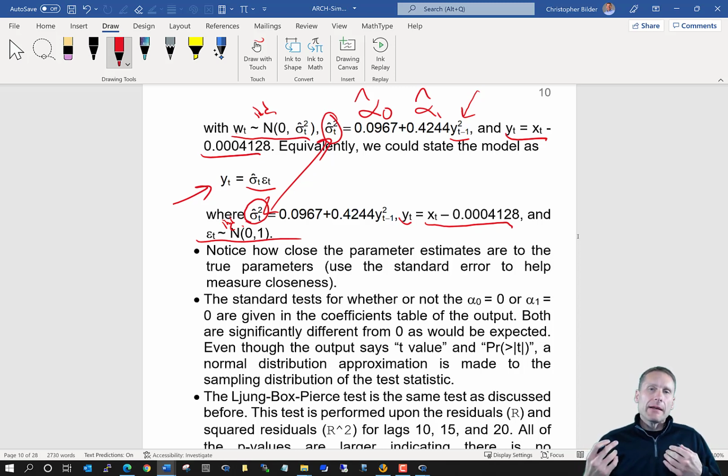Okay. Now look how close these parameter estimates are to what we used to simulate the data. Alpha 0 was 0.1, alpha 1 was 0.4. And if you take into account the standard errors, you could even do a confidence interval for alpha 0 and alpha 1, and you're going to see that the true value of alpha 0 and the true value of alpha 1 are inside the intervals.